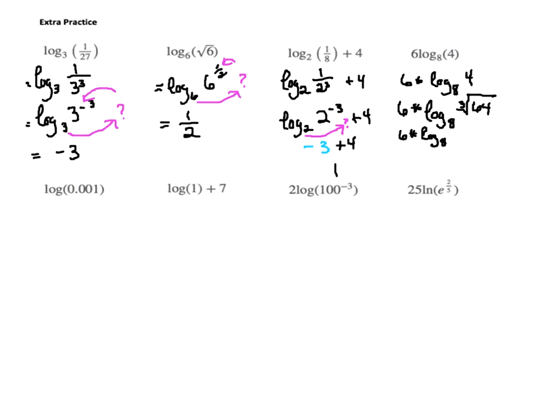In one step, I'm going to change 64 to 8 squared, and instead of the cube root, I'm going to change that, raising that to the 1/3 power. So 6 times log base 8, 8 squared raised to the 1/3 power. I multiply those exponents since I'm raising a power to another power. That gives me 2/3. So that is 8 to the 2/3 power.